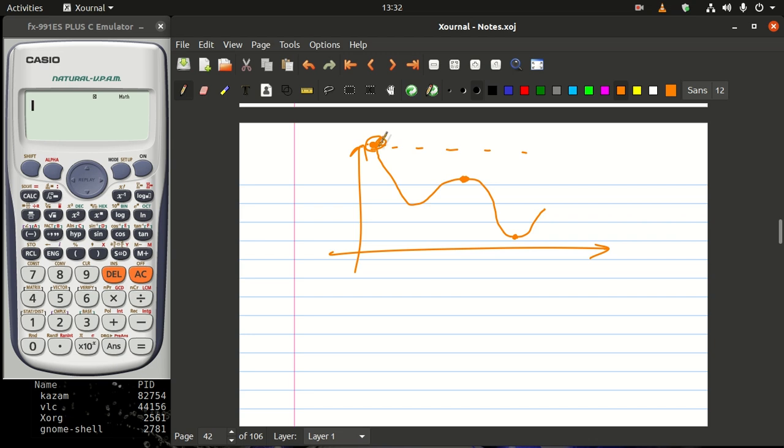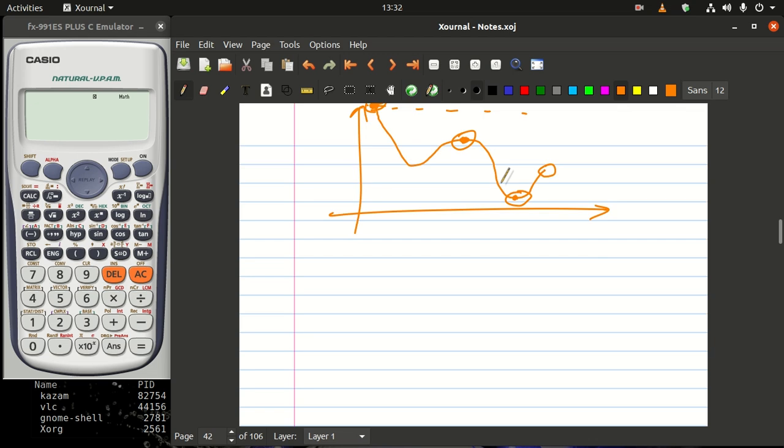We cannot say it is a local anything. And also here we cannot have a local anything because when I'm drawing a circle, I can only find something on the left, but on the right I cannot. But here when I'm drawing, I have something on the right, I have something on the left. Therefore this one is bigger and this one is also bigger than this point, so it's a local min. Here we're actually having a local max.